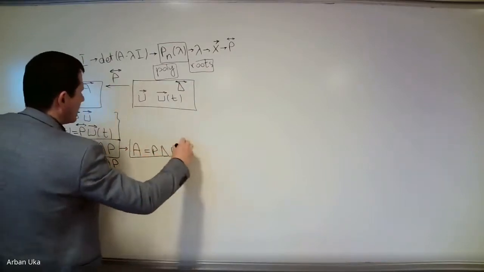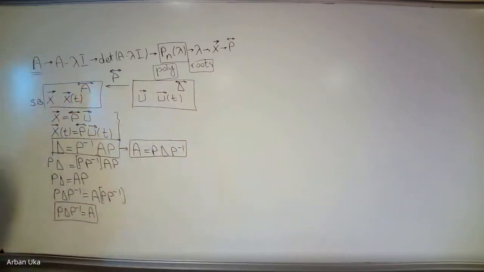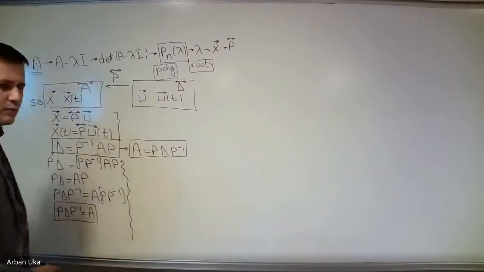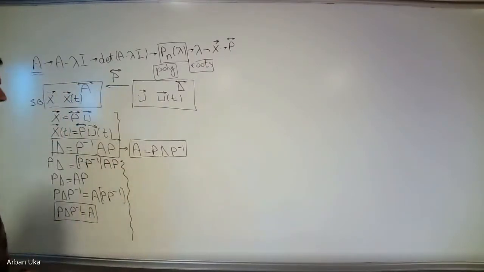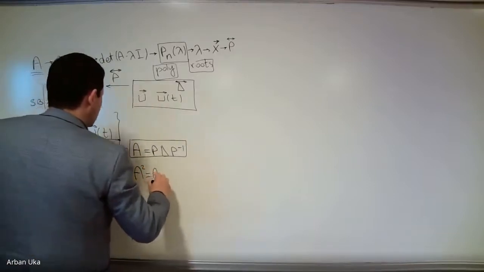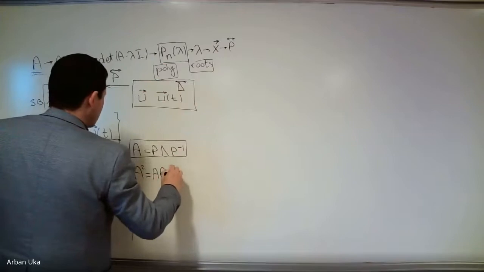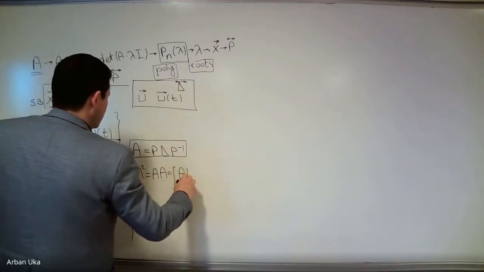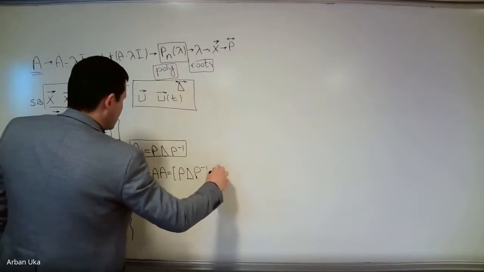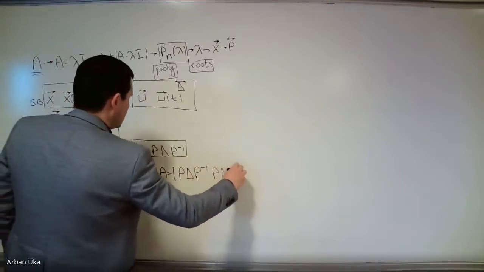And then the use of this relationship is very important, especially when you have expressions which might be like polynomials in matrix A. So if we have matrix A squared, it can be written as A times A, and here we have P D P inverse times P D P inverse.